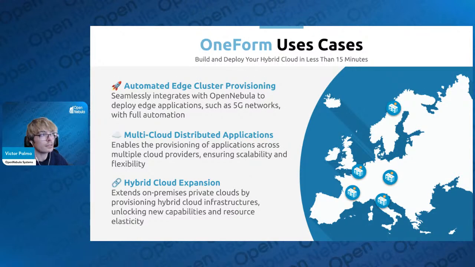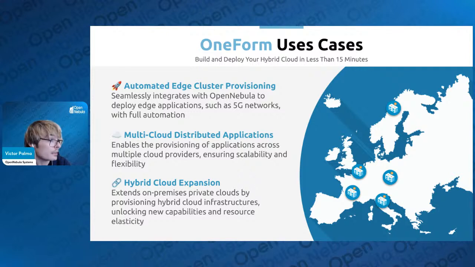Some use cases for this tool are, first, of course, automated edge cluster provisioning, where it can be integrated with OpenNebula in order to deploy edge applications such as 5G network applications or distributed applications like MinIO and so on.